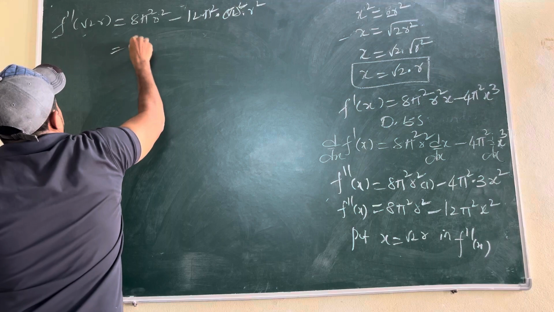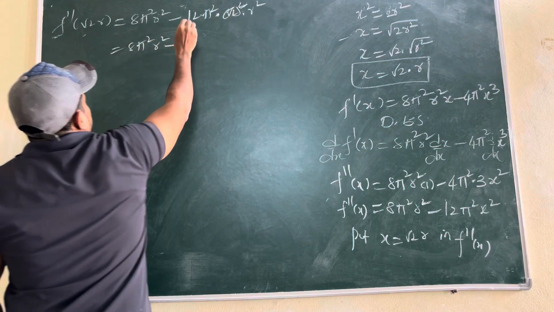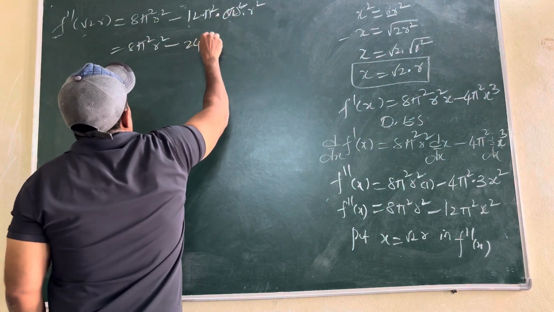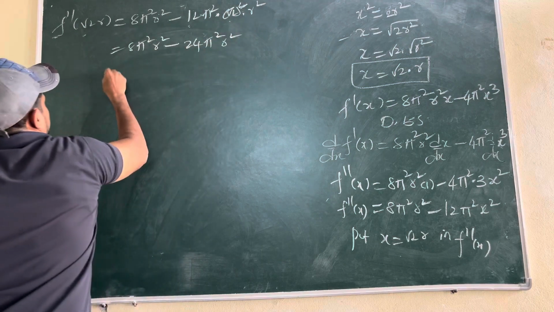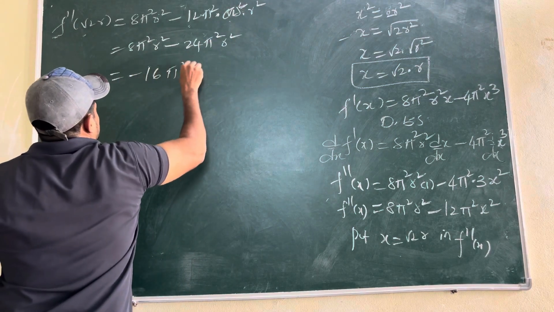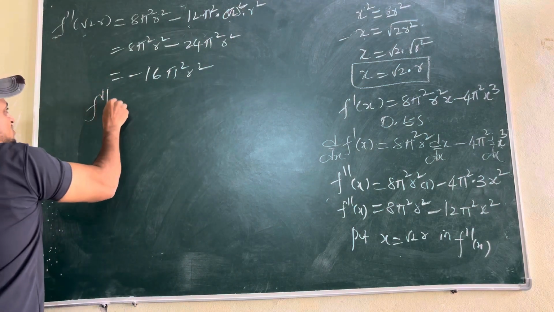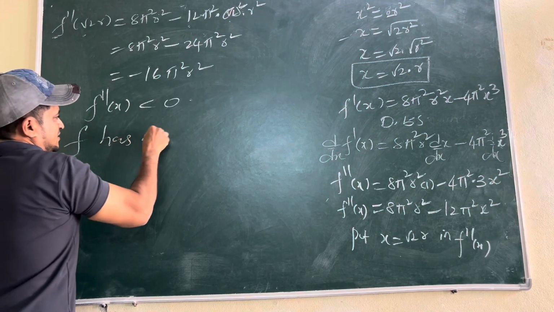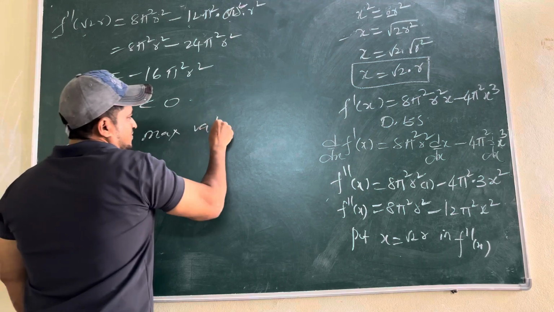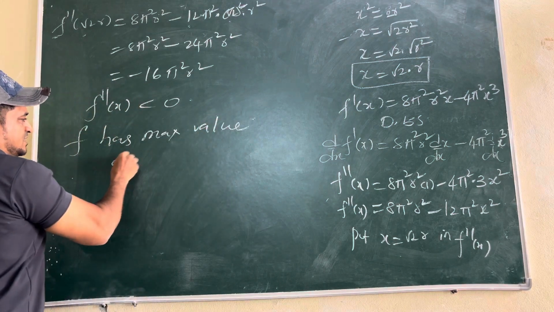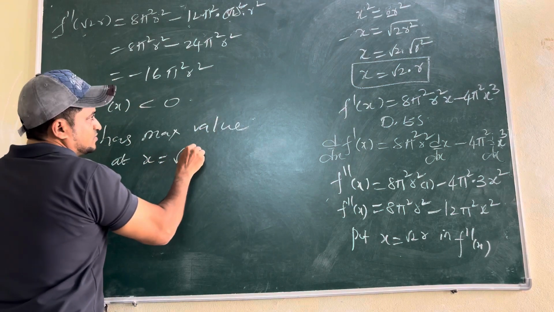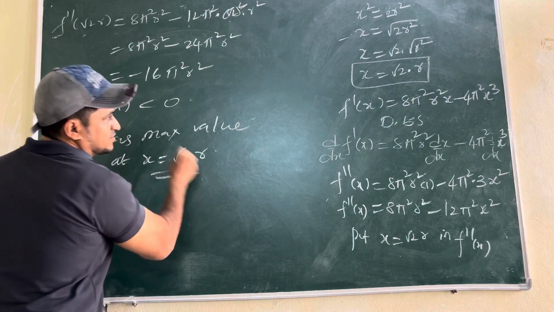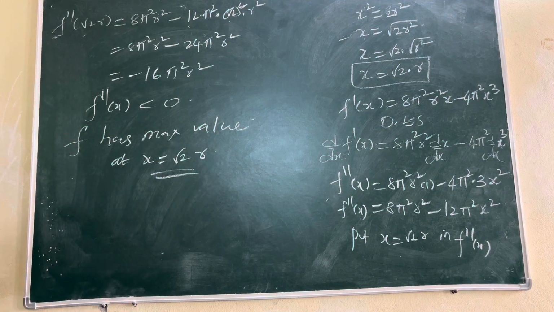So this is 8 pi square r square minus 24 pi square r square, which is minus 16 pi square r square. Negative value, f double dash of x is less than 0. F has a maximum value at x is equals to root 2r. This is the question which is already there.